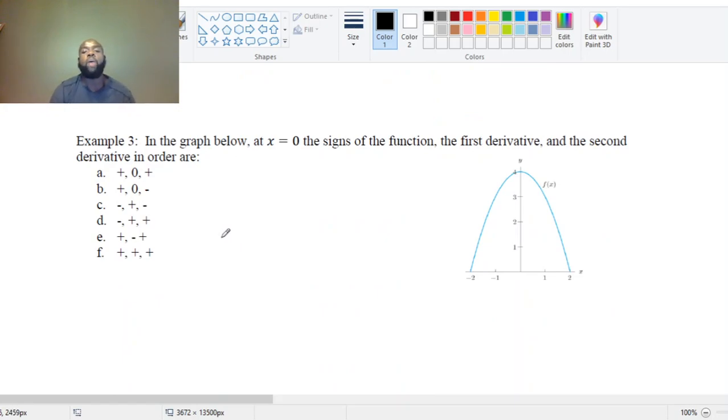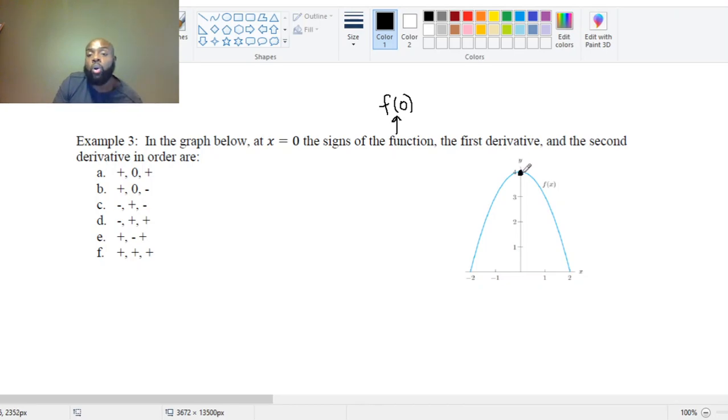In the graph below, at x equals 0, the signs of the function, the first derivative, and the second derivative in order are, all right, so when we talk about the function f of x, they give us the graph of f of x here, right? We want to know the sign, that means positive, negative, or 0. When you're talking about the function, you're talking about the y value. So what is the functional value at 0? Is it positive, negative, or 0?